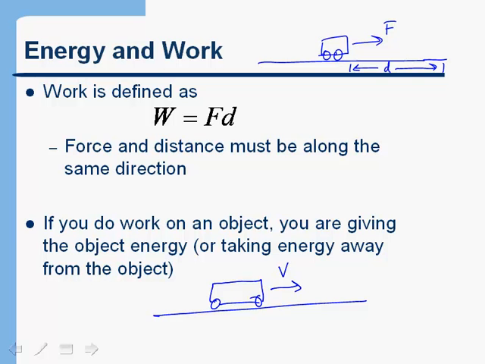Well, I can take energy away from that car if I exert a force in the opposite direction to the direction that the car is moving. And if you think about when you're driving a real car, when you push on the accelerator pedal, your engine is doing work on the car. It's making the car move. When you step on the brake pedal, the brakes are doing work on the car, but in that case, they're taking energy away from the car. So when we do work, we can either give the object energy or take energy away.